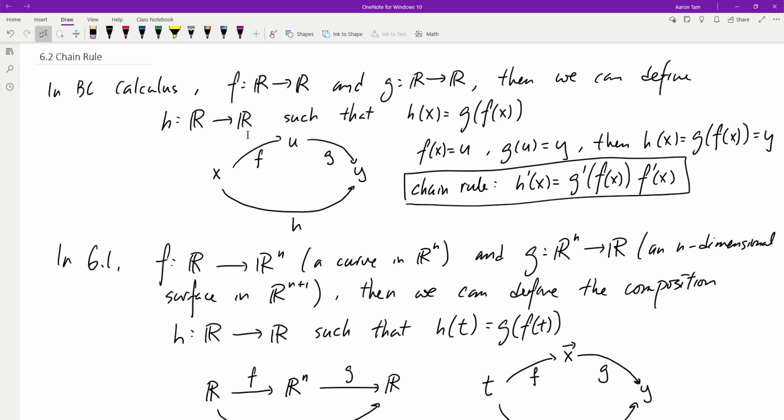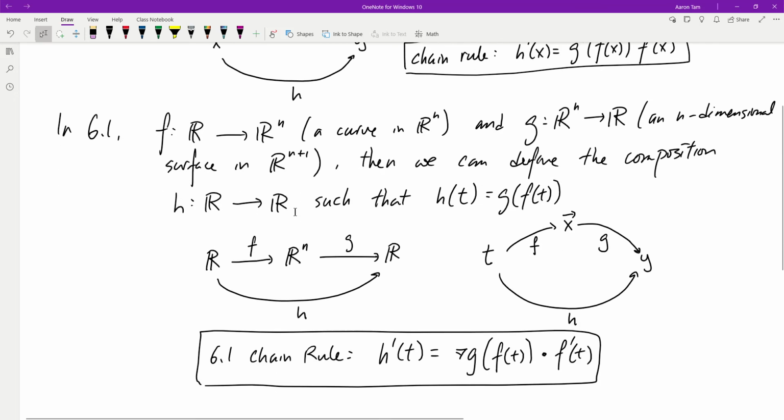In 6.1, you are also talking about a single independent variable with a single dependent variable. But in this case, the single independent variable is t, and the dependent variable is y, and they have this intermediate variable, vector x, involved.